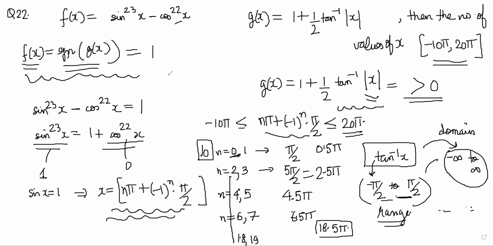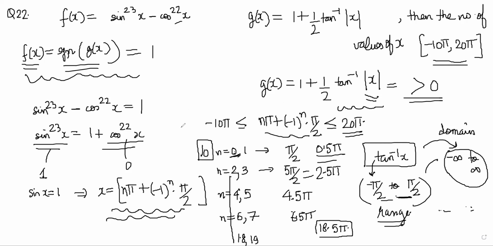If you put minus 1, what comes? Minus pi plus minus 1 to the power minus 1, so minus pi by 2, minus 1.5 pi. Basically subtract 2 pi from here.